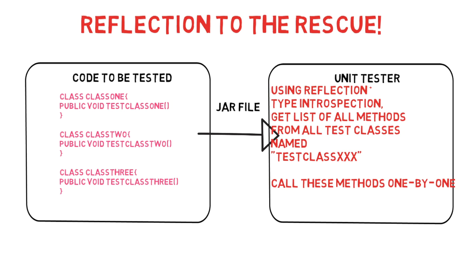Once we do that, we just call these methods one by one. Because Reflection and type introspection allows us to dive into another library, which is in a different jar file, not its own, and find all these methods, we don't actually need to explicitly call these methods.